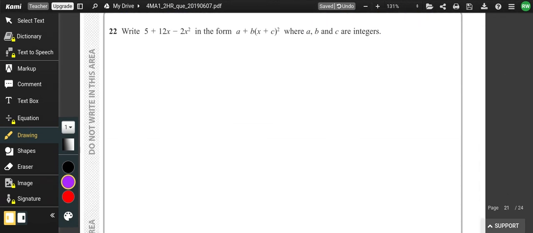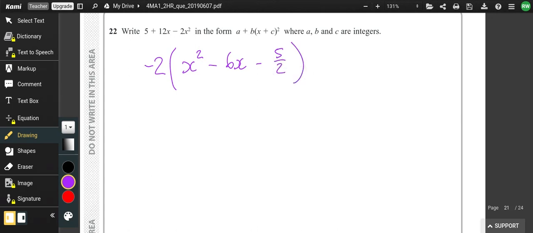Completing the square with a negative and a number in front of the x squared. Nasty. Let's take a factor of -2 out. You get x squared minus 6x minus 5 over 2.